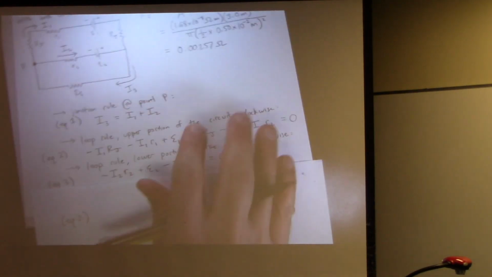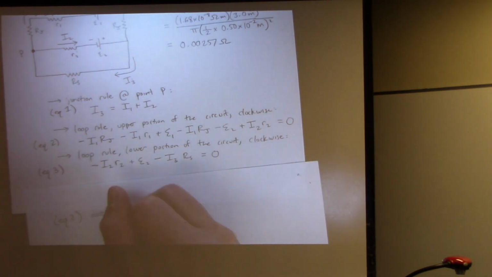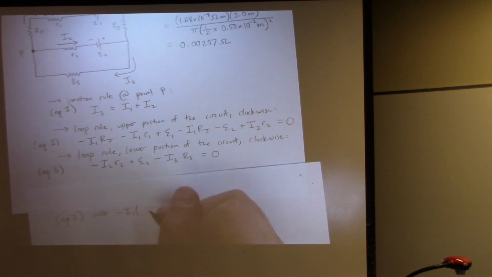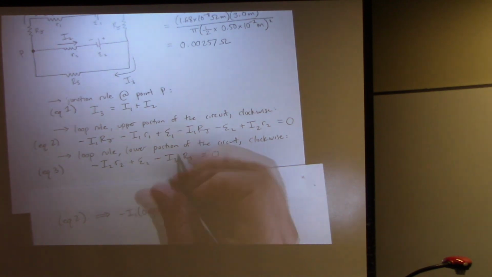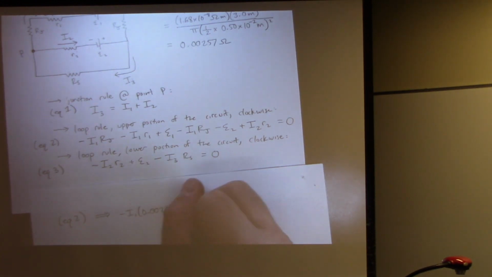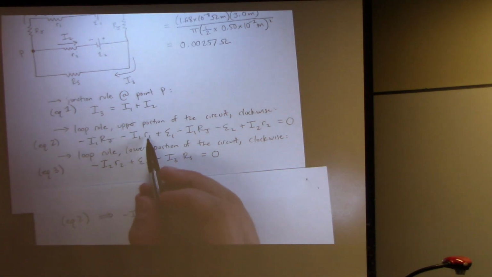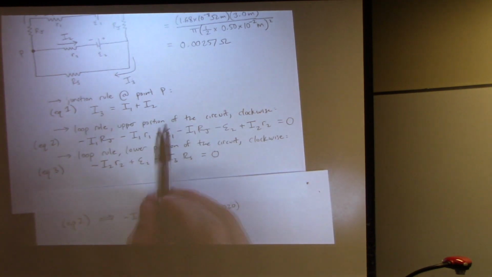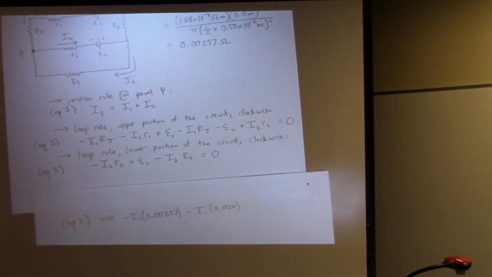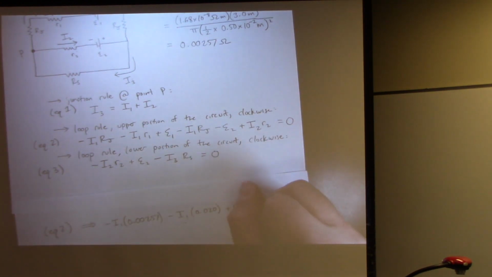Okay, so equation 2 says we have minus I1 times Rj, which we found earlier is this number, 0.00257. All right? Then next we have minus I1 times little r1. So that's the internal resistance equal to 0.020. So plugging in this value. The next thing we have is plus epsilon 1, so that's plus 12.5.